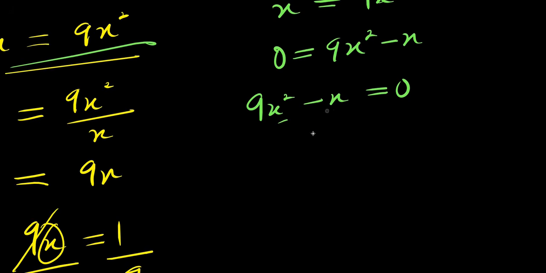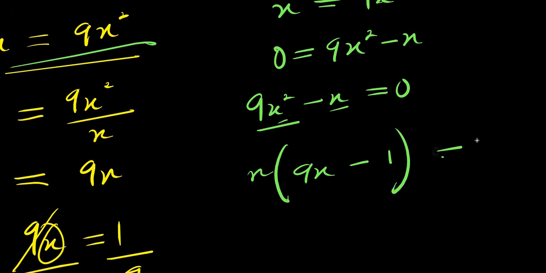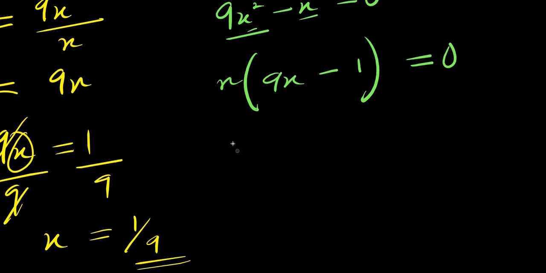I can factor out x. 9x squared divided by x is 9x, minus x divided by x, I have 1. And this equals 0. I can equate x to 0, I have x equals 0. I also have 9x minus 1 equals 0.